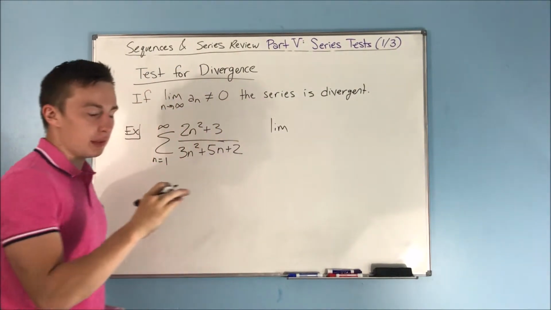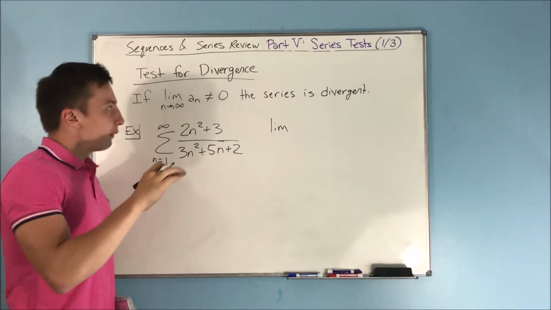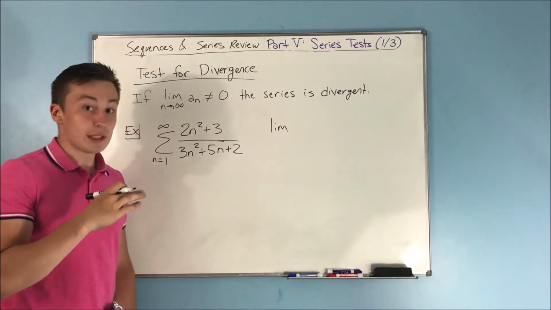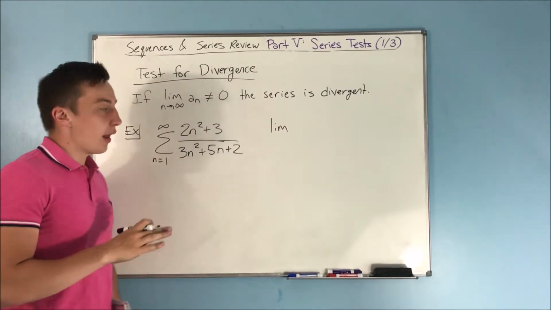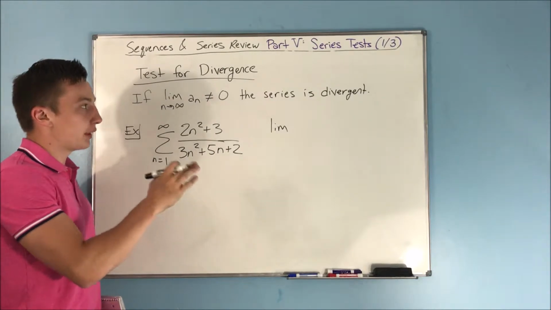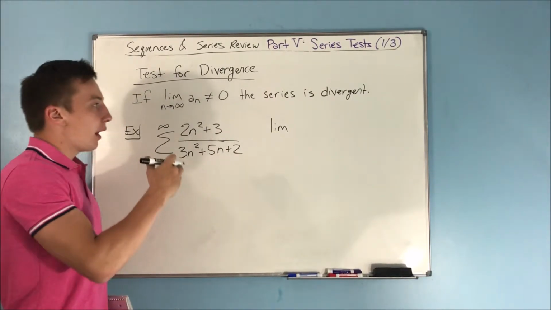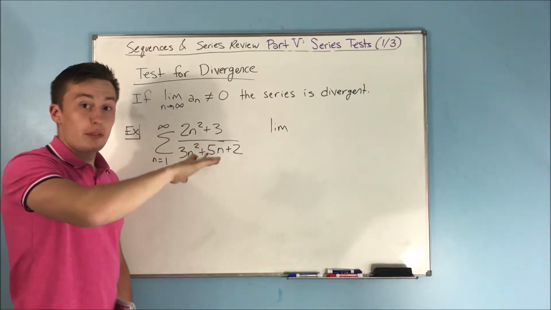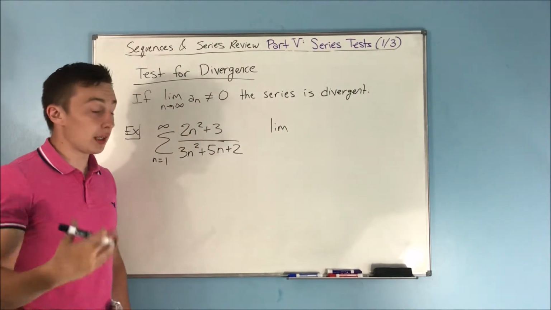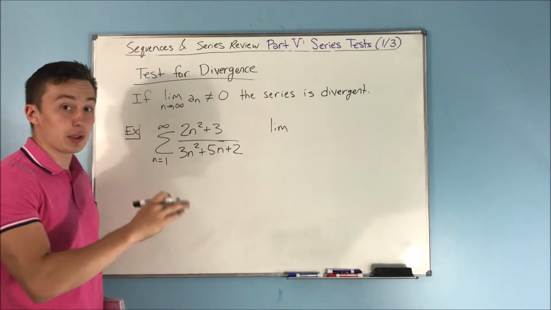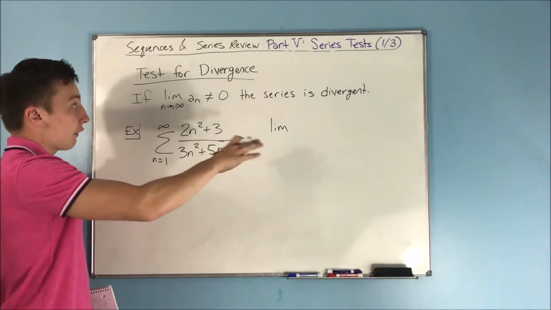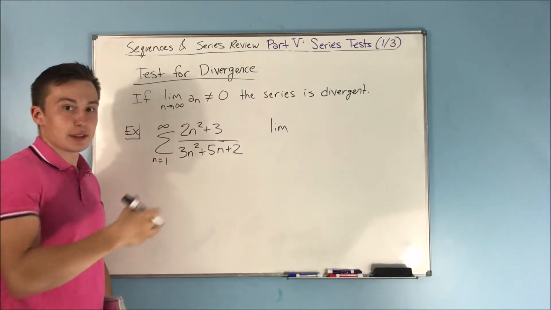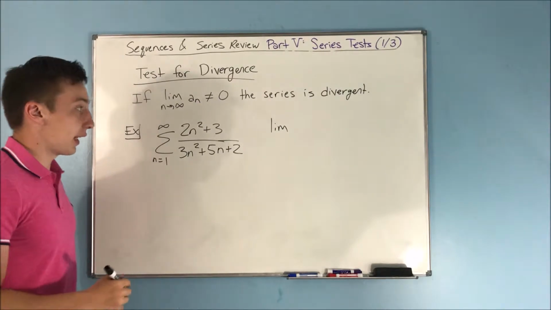And by the way, I may have misspoke there. The test for divergence does not prove convergence. It will never prove convergence, it only proves divergence. If the limit does equal 0, then you just have to keep going and try other tests. You can't just say it's convergent. The test for divergence only proves divergence, which makes sense because of the name.